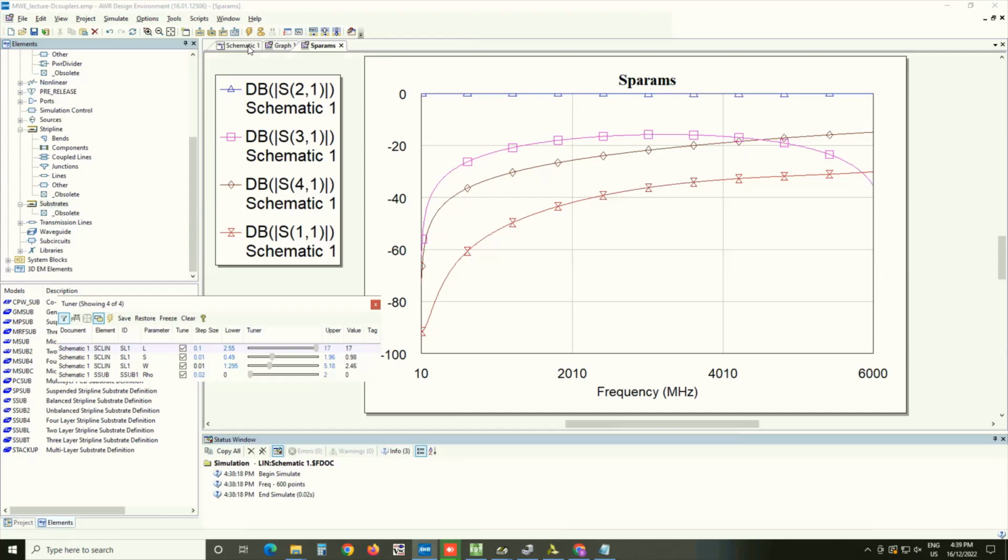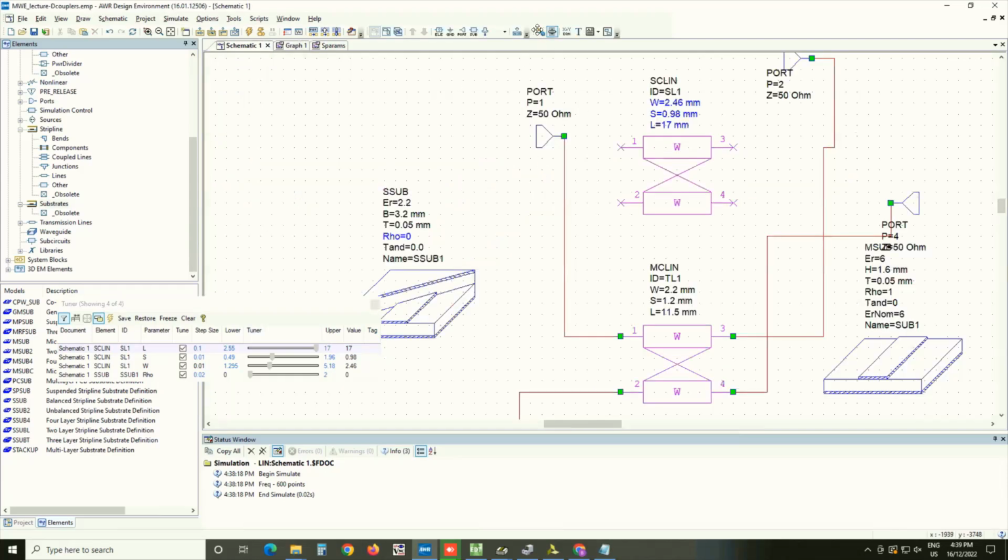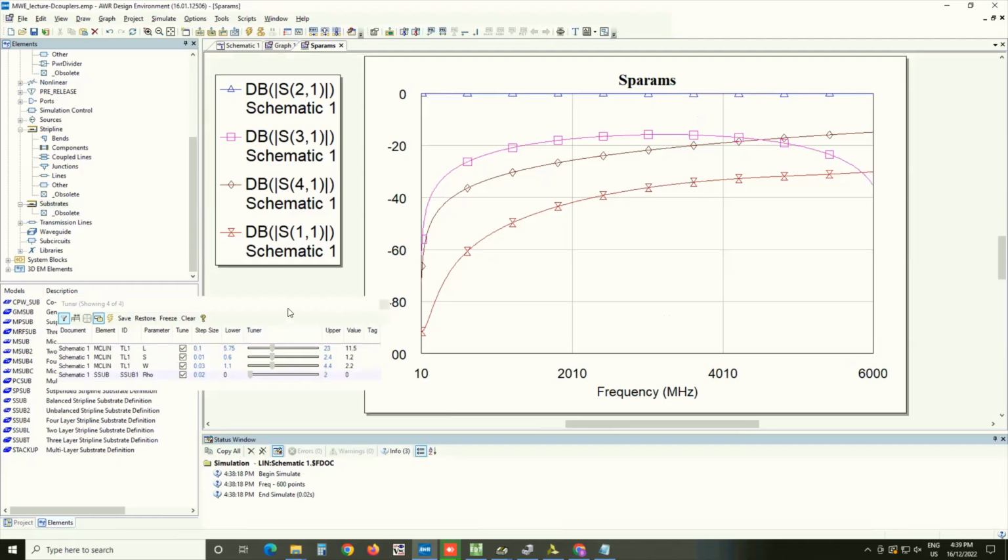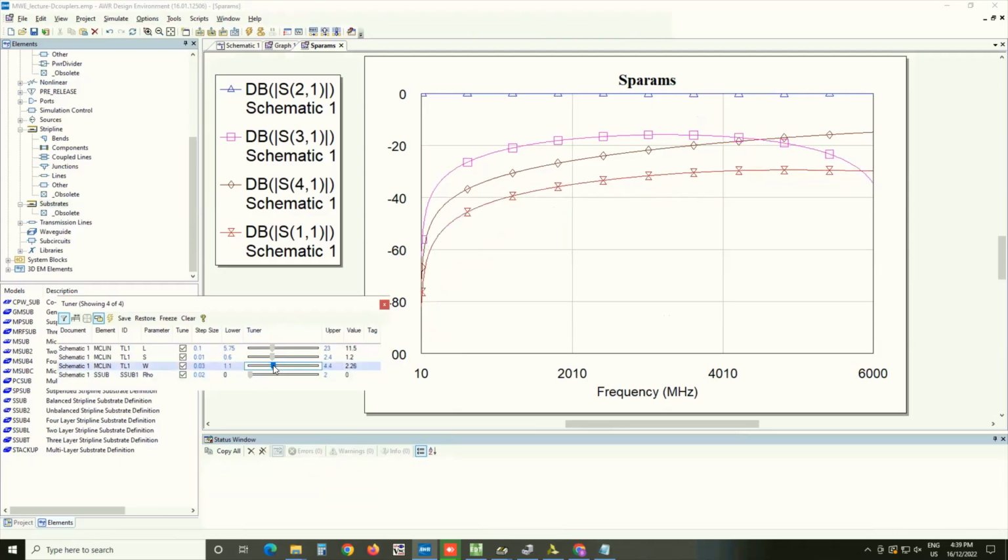Okay, these are the wrong parameters. So first adjust the width.